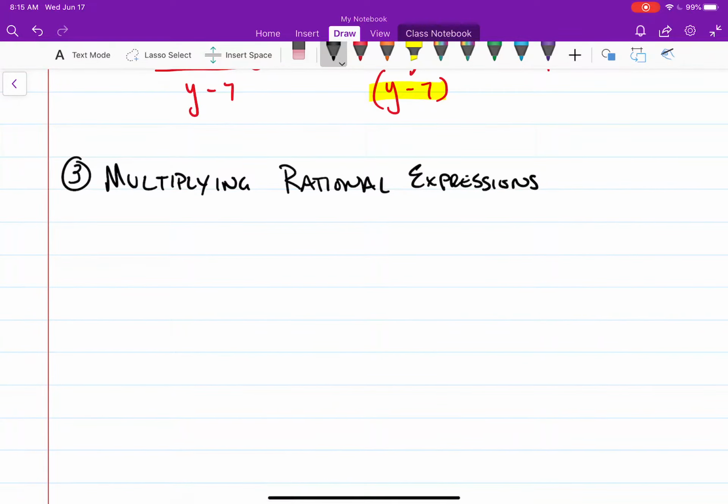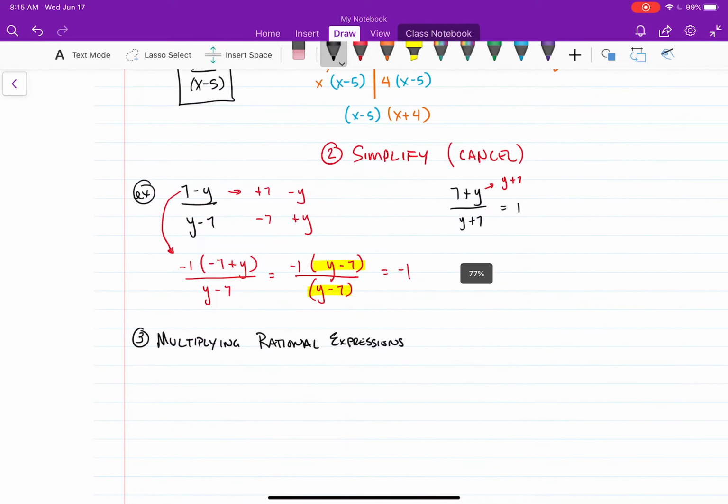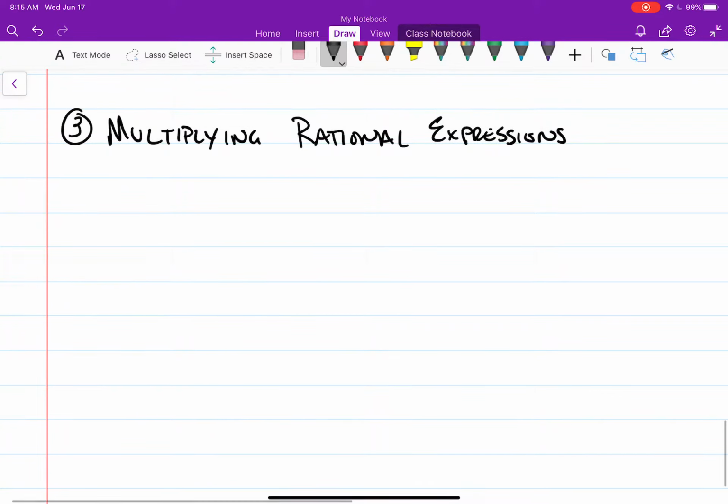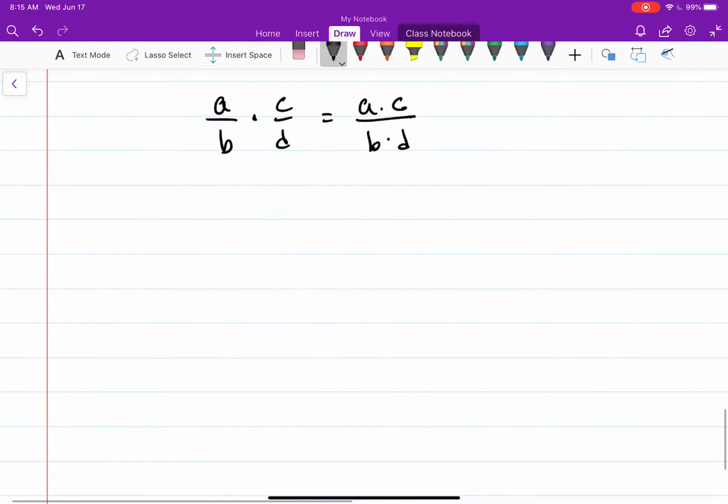Here we go. Same rules as simplifying, because when we multiply rationals, if I have two fractions, a over b times c over d, that's going to equal a times c, top times top, over bottom times bottom.